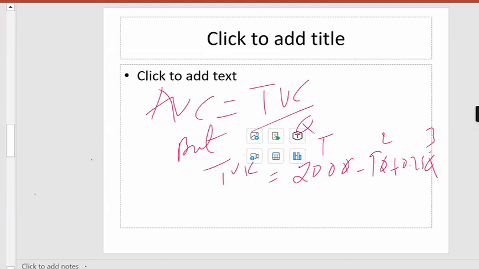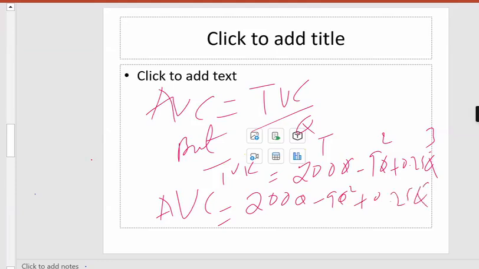Are we together? Yes. So now, what is the average cost here? You have to take that total variable cost given, which is 200Q minus 9Q square plus 0.25Q cubic.